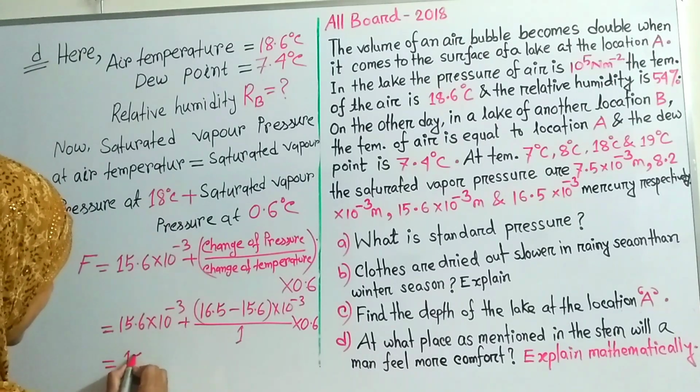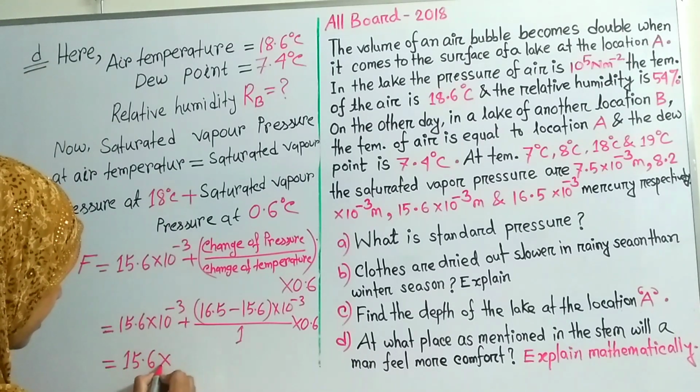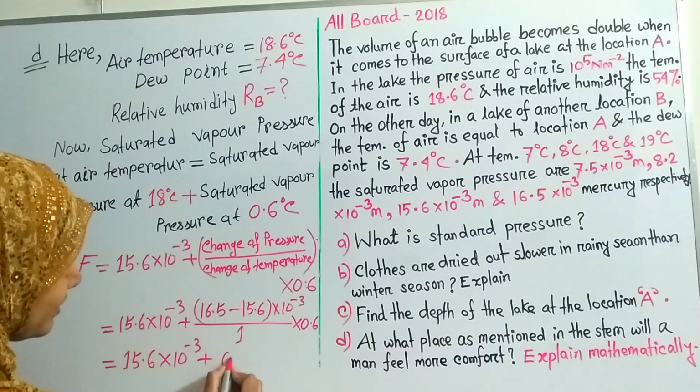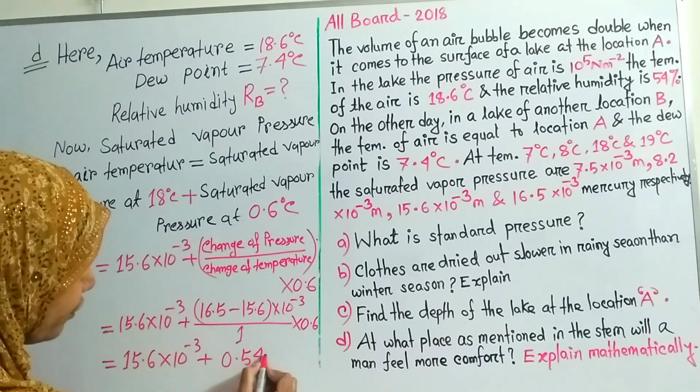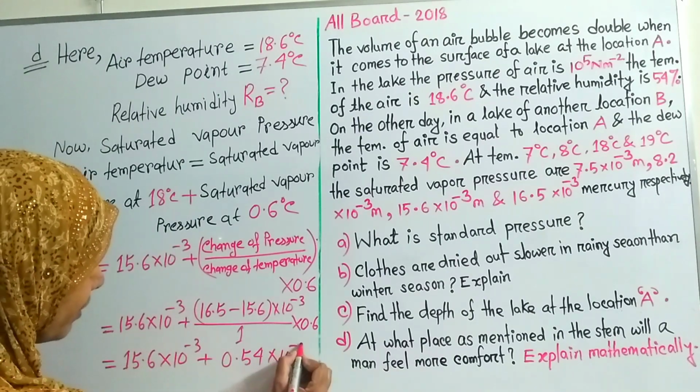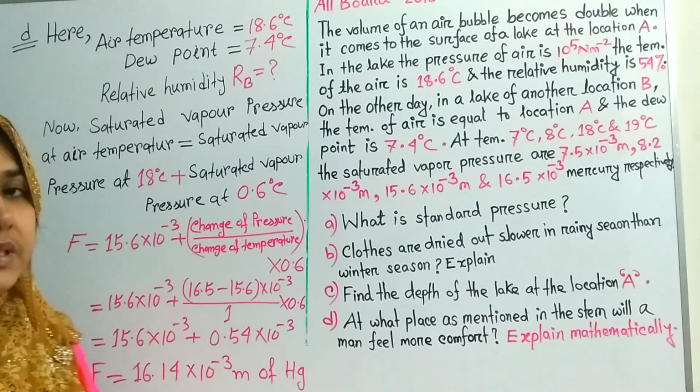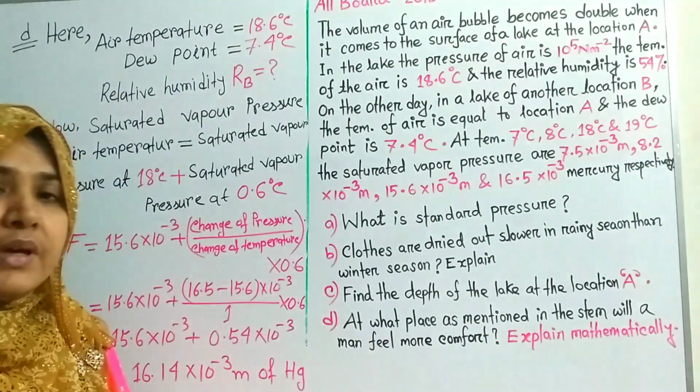After calculating, you will get 0.54 into 10 to the power minus 3. So at last we get the value of capital F, which is 16.14 into 10 inverse 3 meter of Hg.